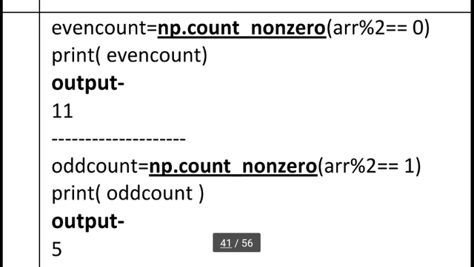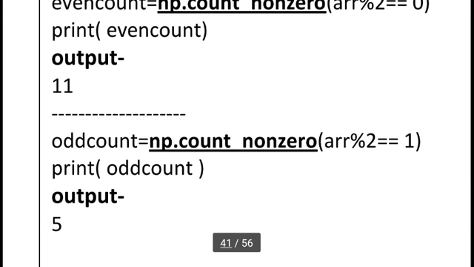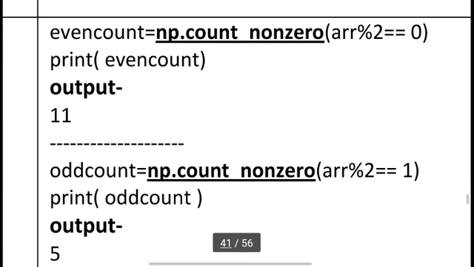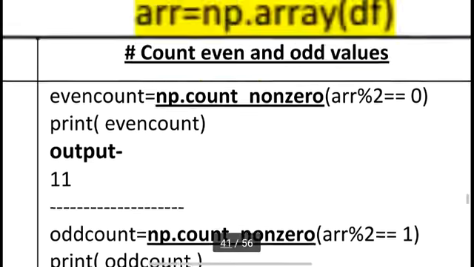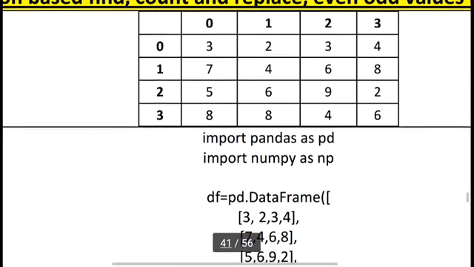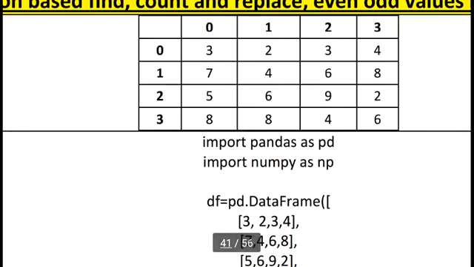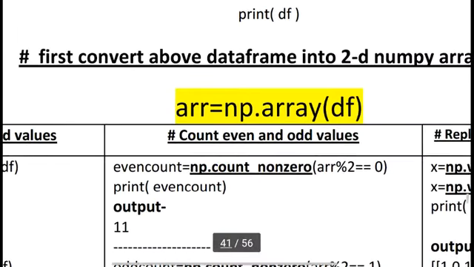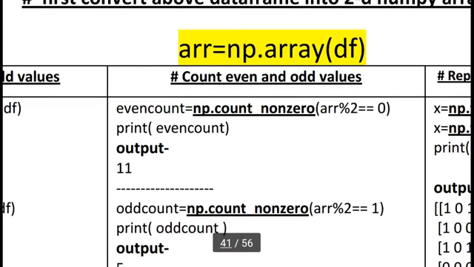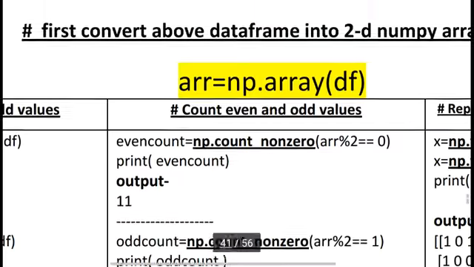The same thing for odd count, np.count_nonzero with mod 2 equal to 1, so it will give the total odd values. The new thing is that the simple numpy count_nonzero function will count only even or odd values. I am not using any kind of loop or long coding. This simple method will count even or odd.